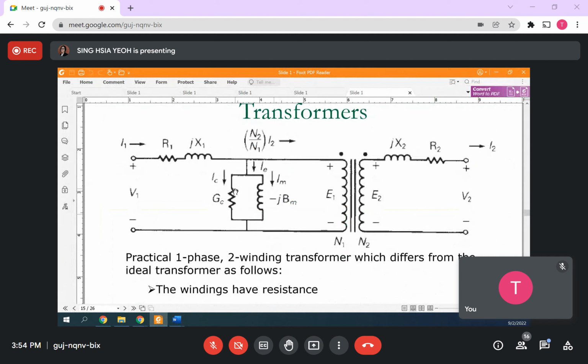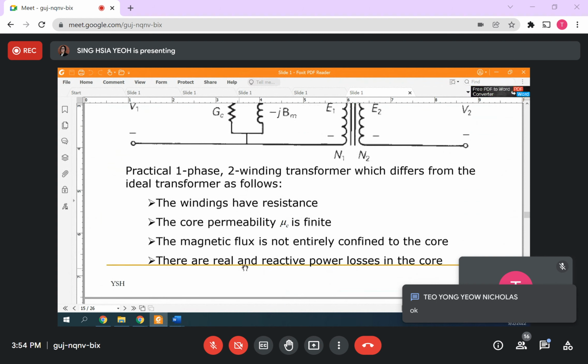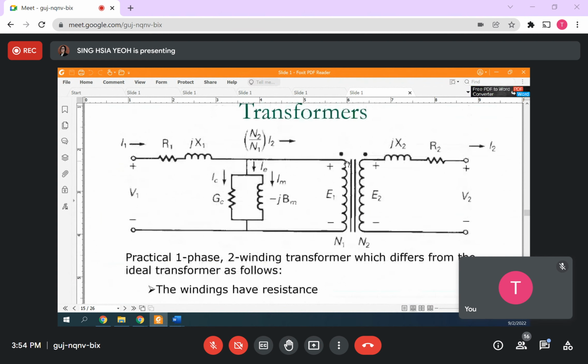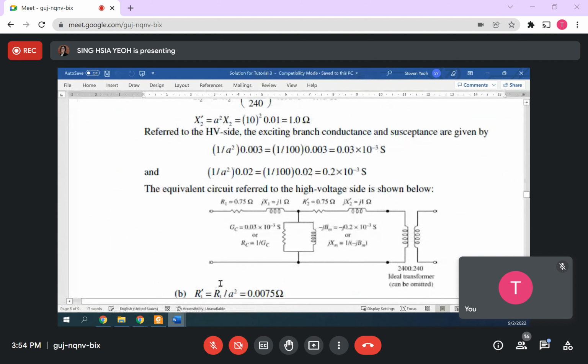Do you get what I mean? If you have this part, it is a non-ideal, practical transformer, which has resistance, power losses in the core, the exciting admittance, and leakage windings. So supposedly if you look at this, there should be a practical transformer. Okay, so then the answer should be this.